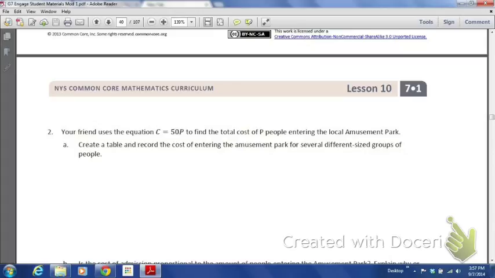If you would go ahead and use that to answer the following questions, starting with creating a table, and then all the way down to sketching a graph and answering a few more questions. Okay, pause now, finish up, and come back.